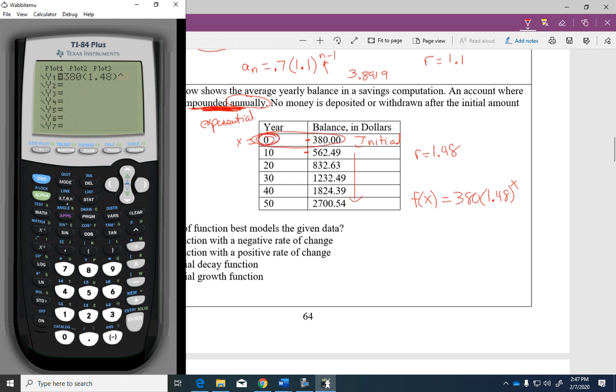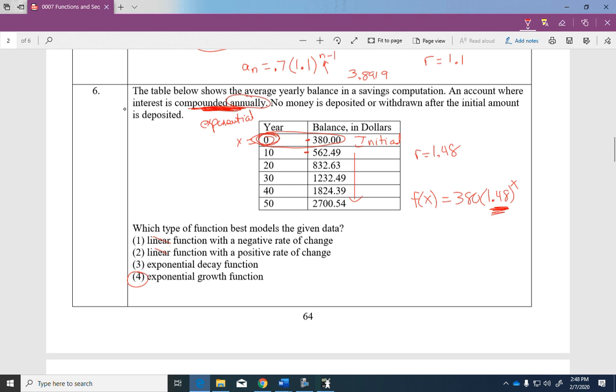to the x? Take a look at your table. Let's go up to where x is 0. And at 0, it says 380. At 1, it's 562.4. At 2, it's 832. And I see that the change is off a bit. I hope you're realizing that the change is off a bit because I did round this a bit, right?